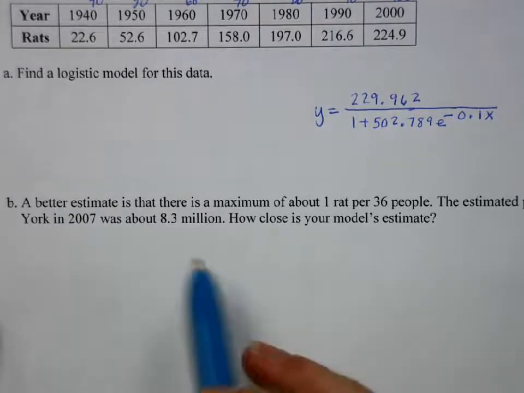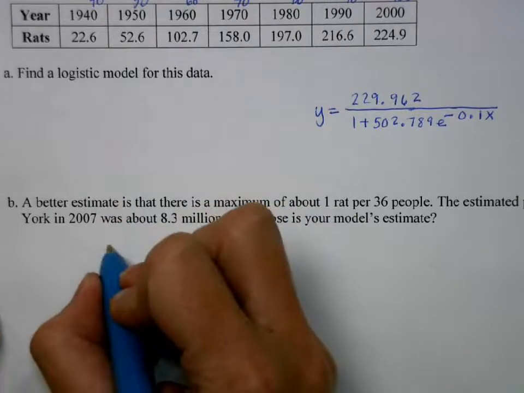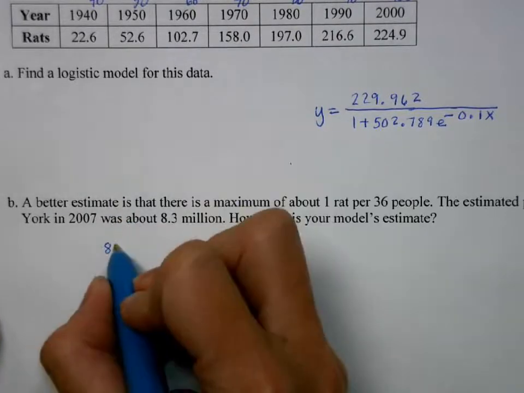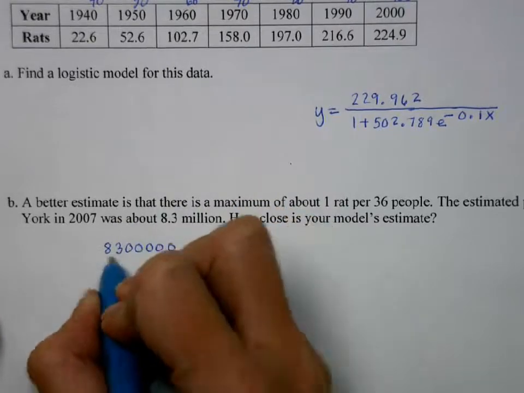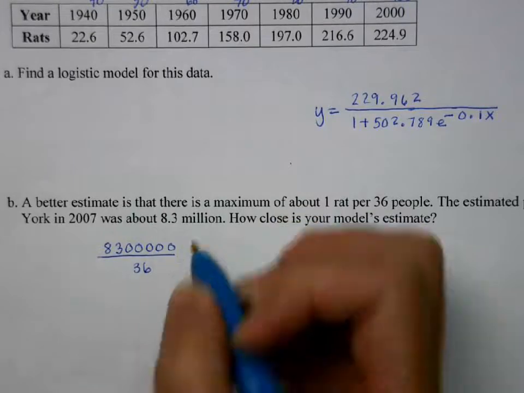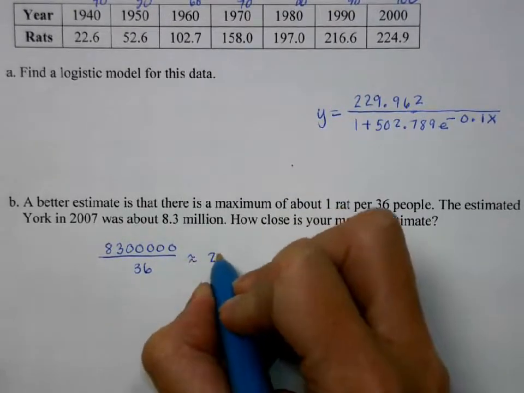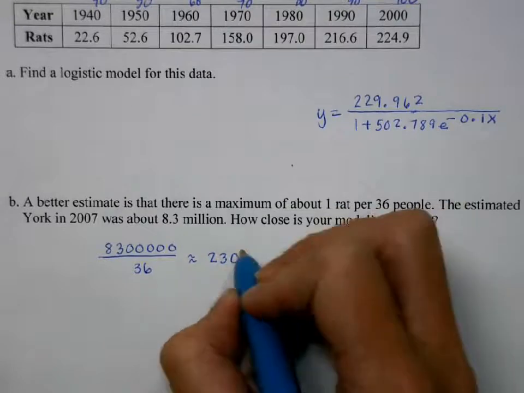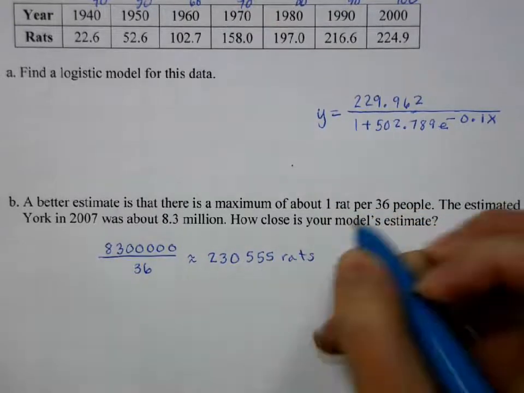Okay, if we have 8.3 million, and we divide that by 36, we get about 230,555 rats.